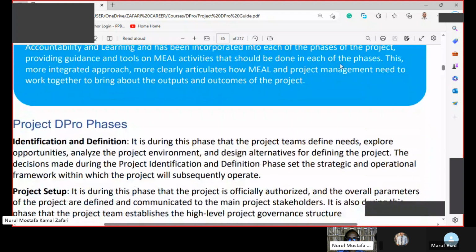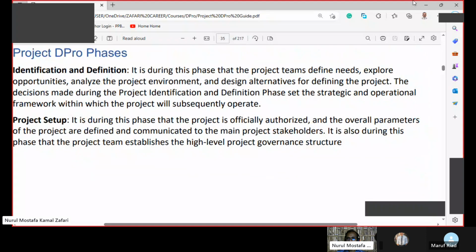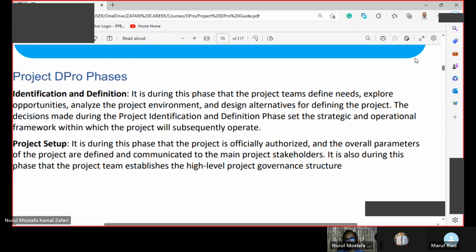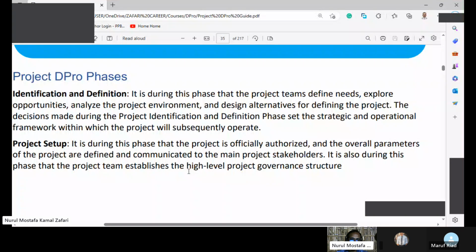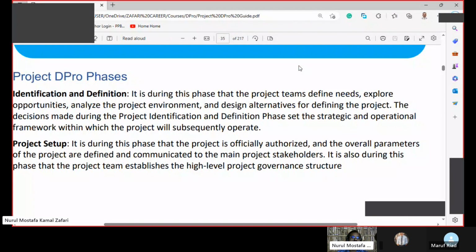Now let's move forward to the next point, and this is maybe a sub point. The Project DPro phases. Now we will look at the detailed discussion on each phase of project management. Identification and definition.